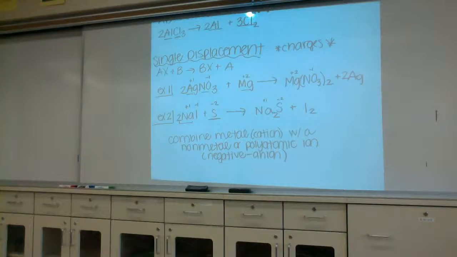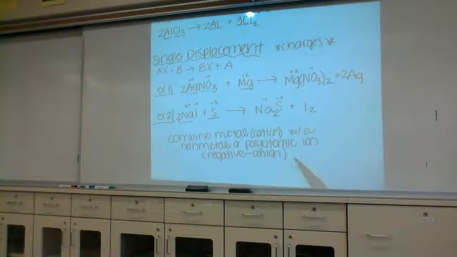Okay? So make sure you're taking that into account. You don't want to just say, okay, this is element B, so S goes first here with BX. No, S cannot go first. It's an anion, okay? So please, please, please be careful, okay?